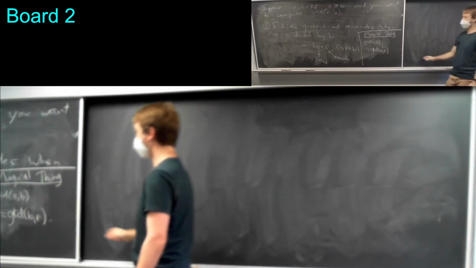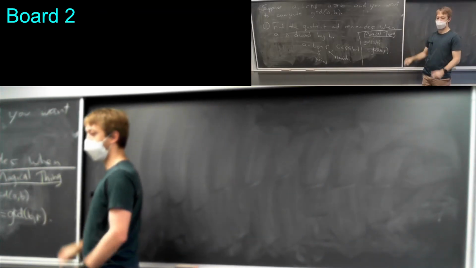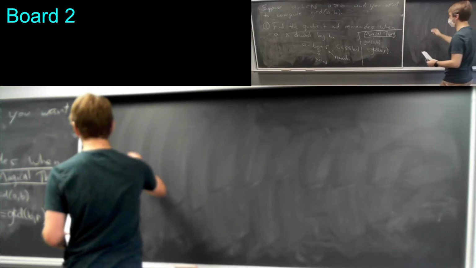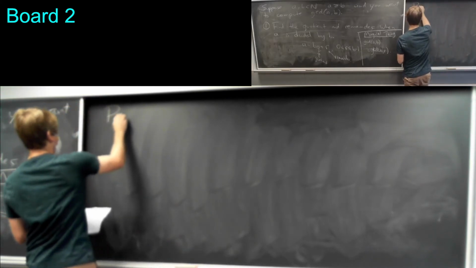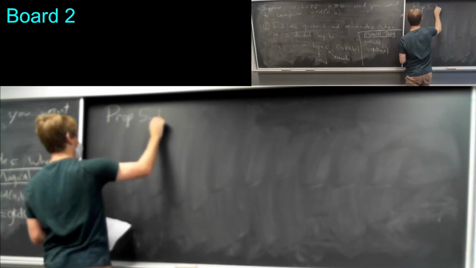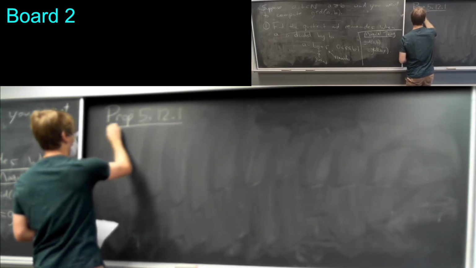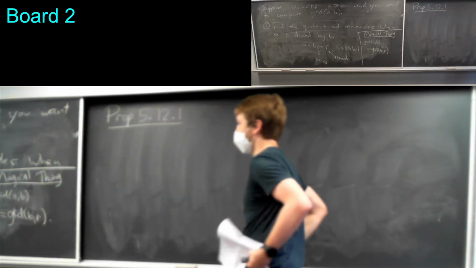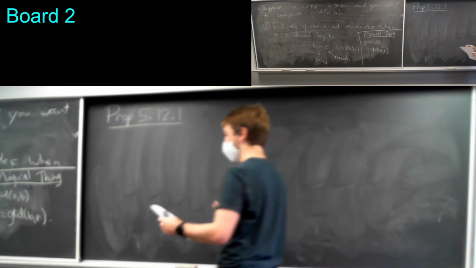What I want to prove is that this magical thing is true. This is a slightly different version of proposition 5.12.1 in the notes, but what I'm going to write is basically the same as what it says.